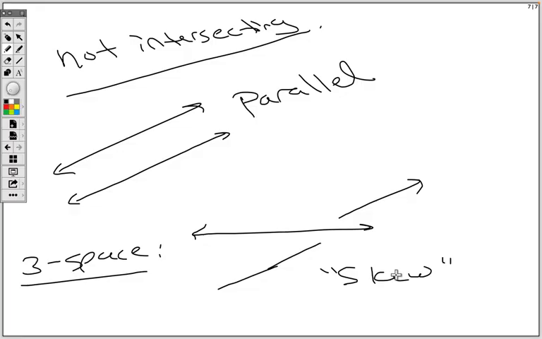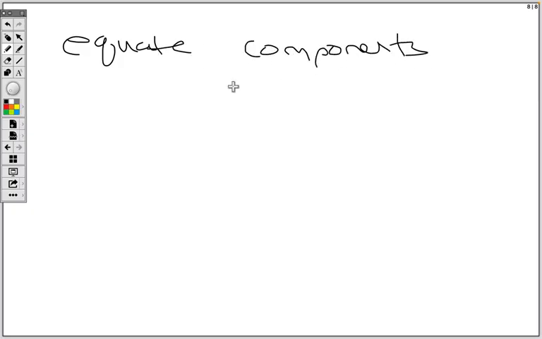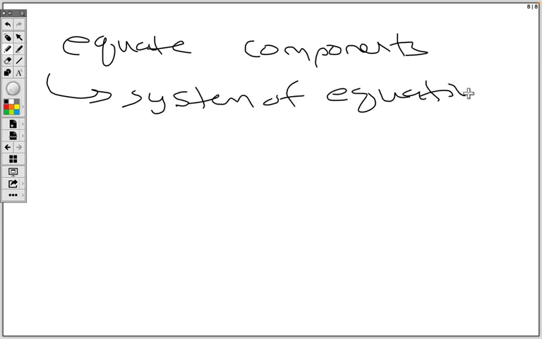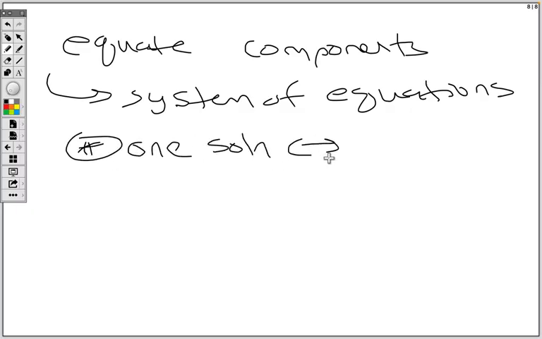So then the question is, how do we detect these things? What we do is we equate components. That's going to give us a system of equations. If there's only one solution, then it's one intersection.